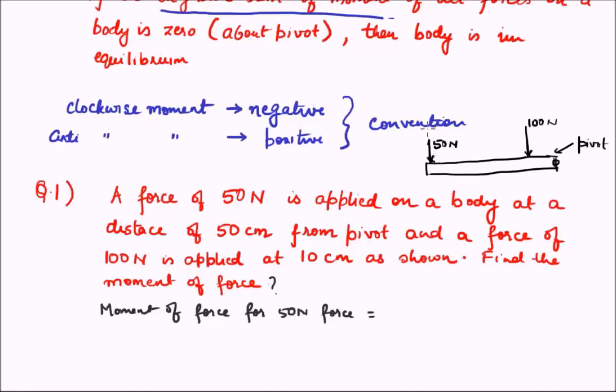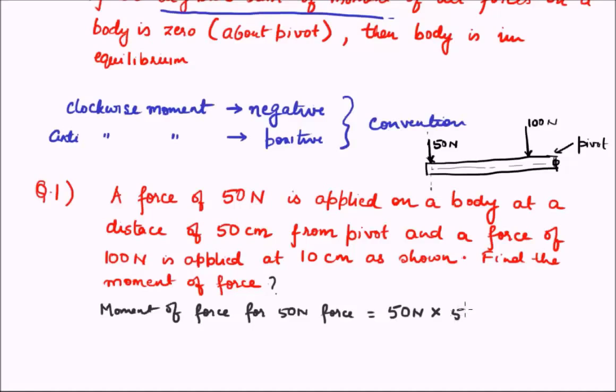Since the force is applied in this direction and this is the perpendicular distance, which is equal to 50 centimeter, the moment of force will be 50 Newton into 50 centimeter. This is in CGS unit. We will convert it into SI unit.